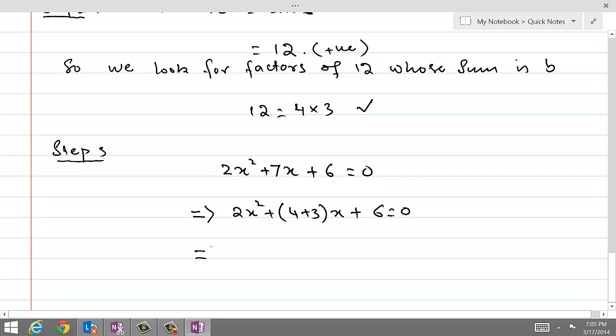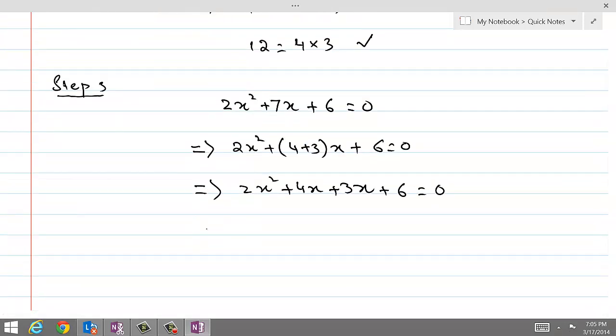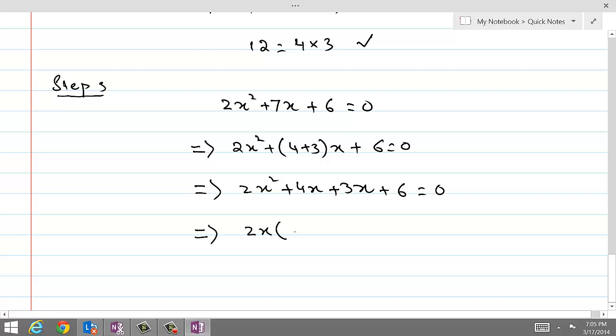This means if we multiply, this will give us 2x square plus 4x plus 3x plus 6 equal to 0. Regrouping is possible now because there are 4 terms, and we are going to take 2x common from the first 2 terms, leaving inside x plus 2, and then taking 3 common and leaving inside x plus 2.